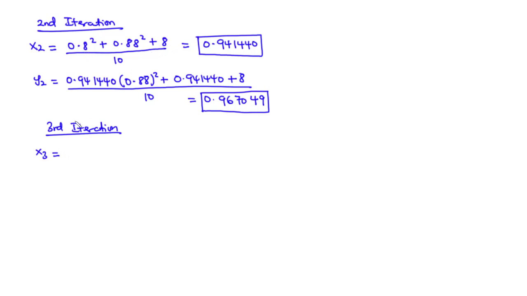So we update with the most recent value of x, that is this one, 0.941440, we have the square of it, plus the most recent value of y, 0.967049, squared, plus 8, all divided by 10, that is equal to 0.982149.